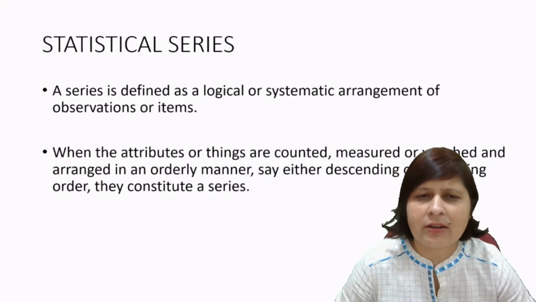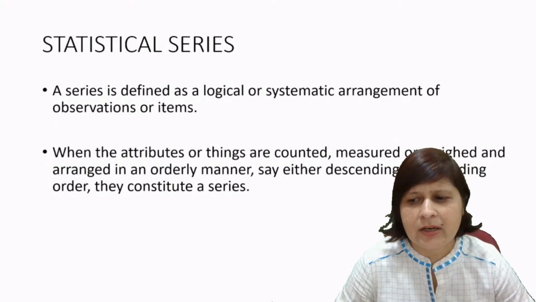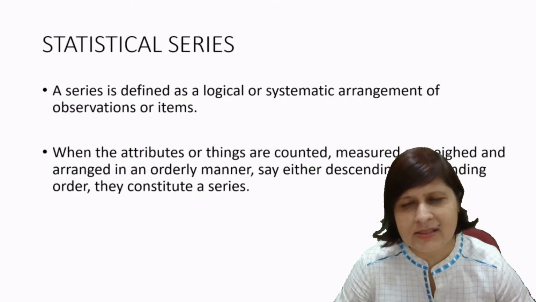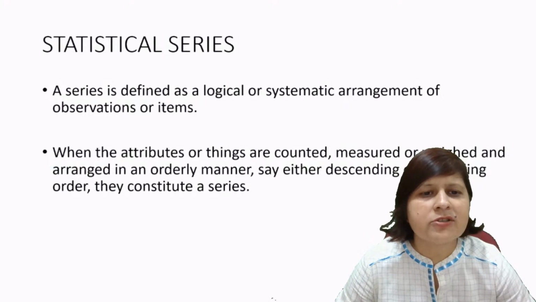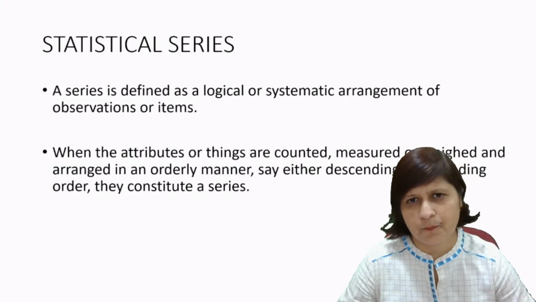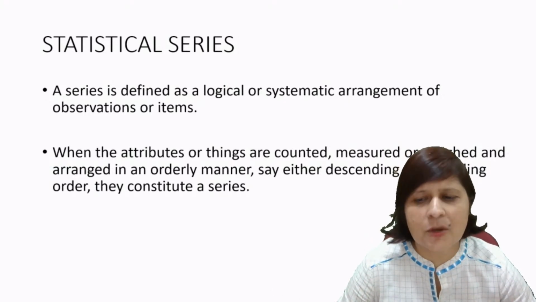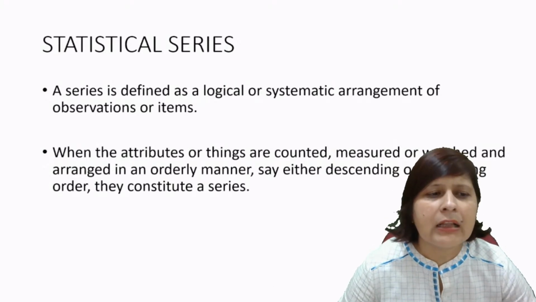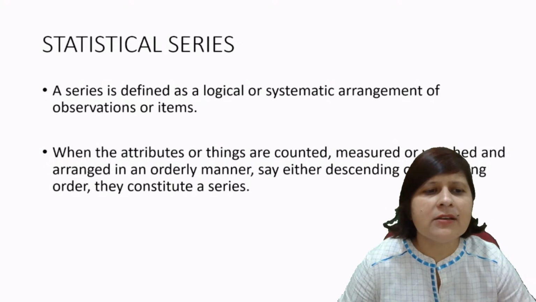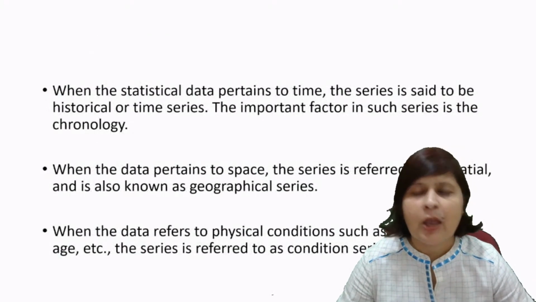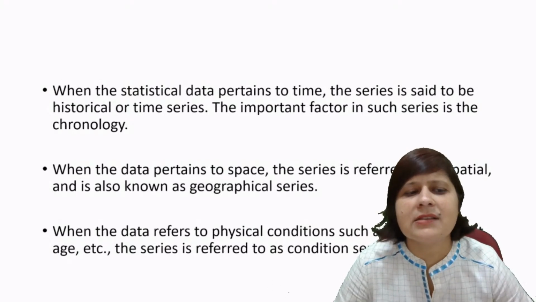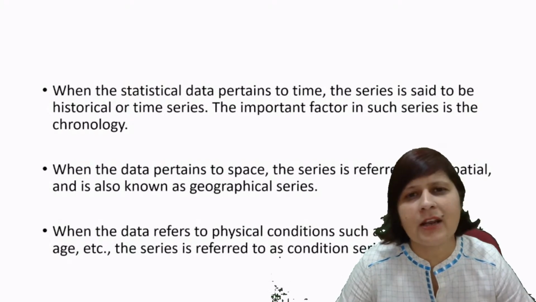When attributes or things are counted, measured, or weighed and arranged in an orderly manner, say ascending or descending, they constitute a series. When there is a systematic arrangement, ascending or descending, this arrangement is known as a series. When statistical data pertains to time, the series is called a historical or time series.